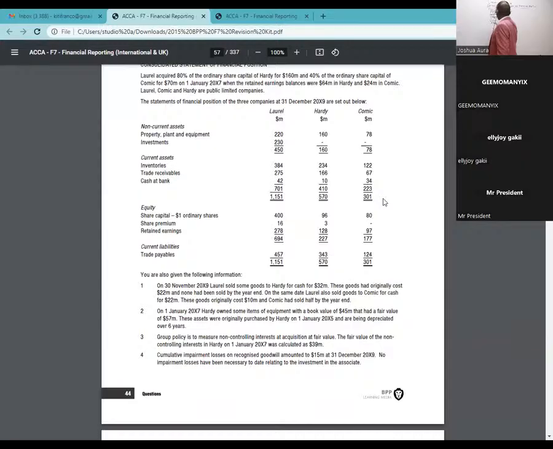So for inventory, I'm consolidating, remember. I'm taking 384 for Laurel, who is the parent, plus Hadi, 234.